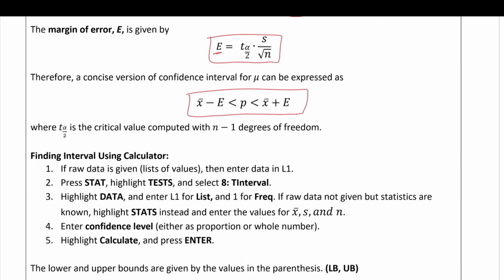Okay, just like before, there is a calculator version of this. Before it was one prop z interval. This one's just going to be simply t interval. Okay. There also exists a z interval, and that's if you actually knew what sigma was. Okay, but we don't. All our problems are going to be where sigma is unknown. Okay, so we're only going to be using t interval.